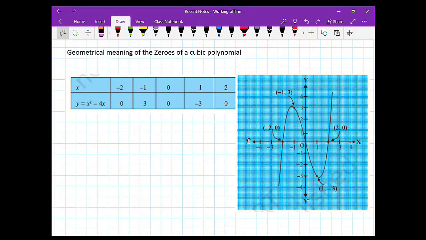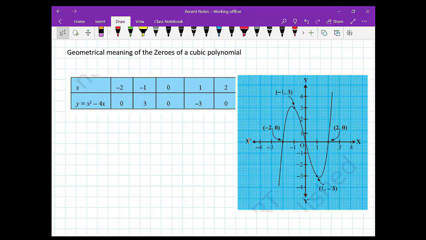We represent a linear polynomial on the graph as a straight line, that is y equal to ax plus b, and the quadratic polynomial, y equal to ax square plus bx plus c, gives a parabola curve on the graph. In today's class, our discussion is about the geometrical meaning of zeros of the cubic polynomial, and an exercise.